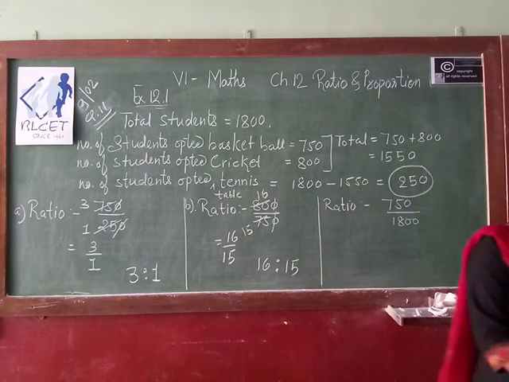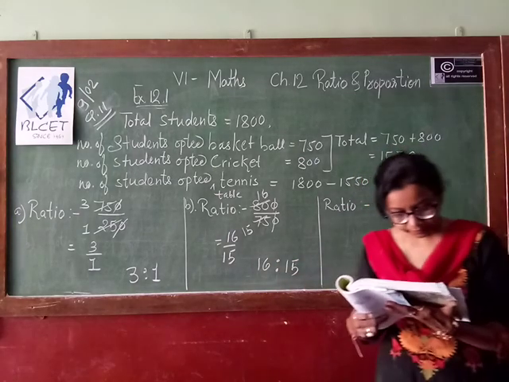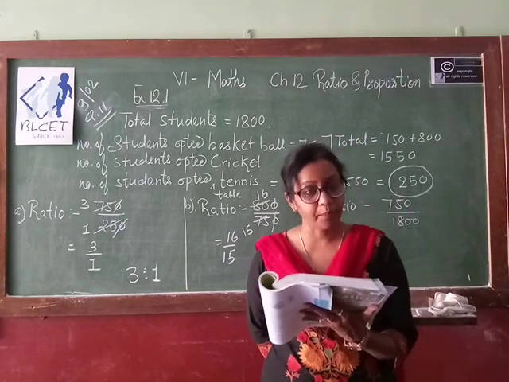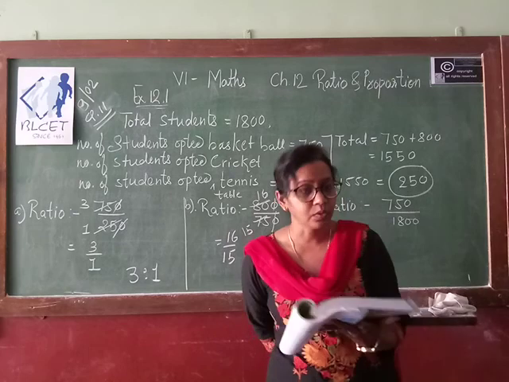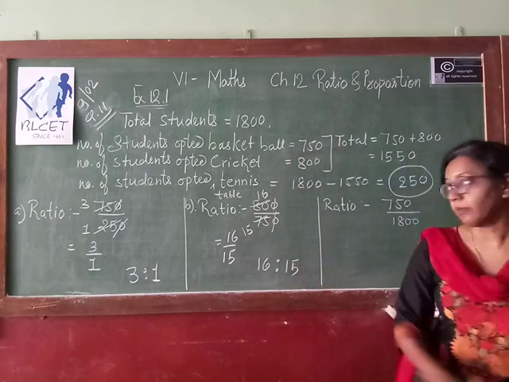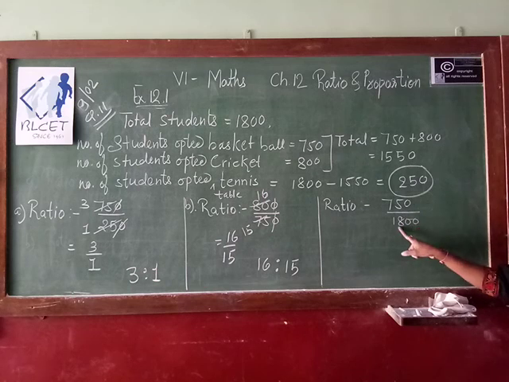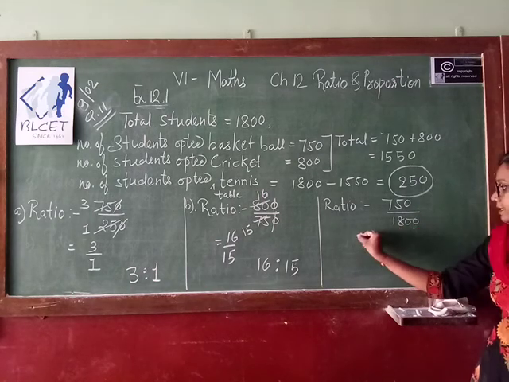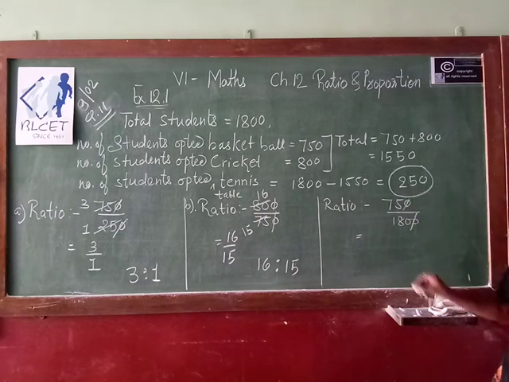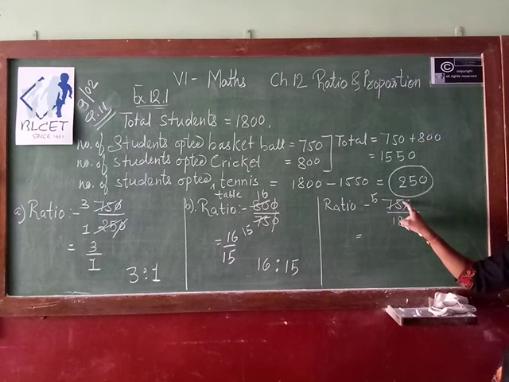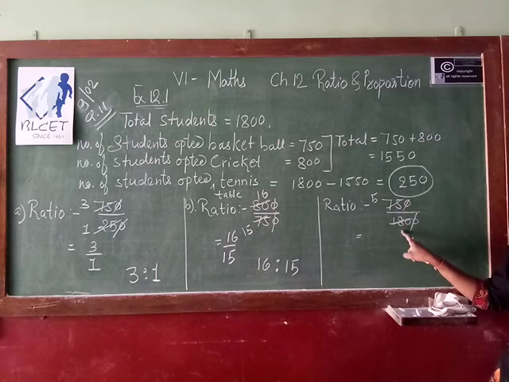The third part, that is part C, now we have to find the ratio of number of students who opted basketball to the total number of students. So number of students who opted basketball, that is 750, divided by total number of students, that is 1800. When we do the cancellation, 0 0 will get cancelled. 15 into 5 will give you 75, and 15 into 12 will give you 180.